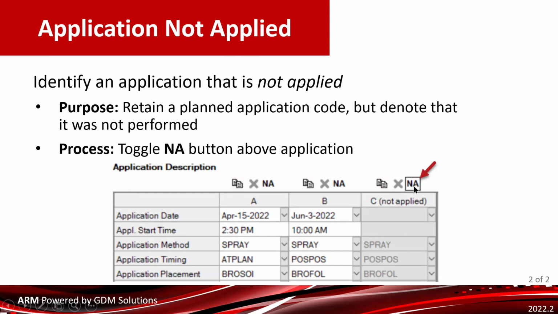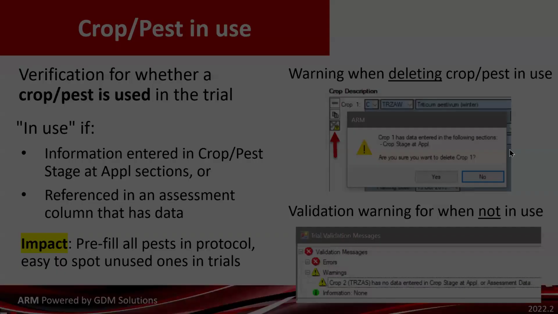Turning on that NA to say this is not applied, you can see it grays out that application, and any rules that you had aren't going to be flagged, because obviously we've demonstrated that the application couldn't be performed. So those two kind of go hand in hand on documenting application details.